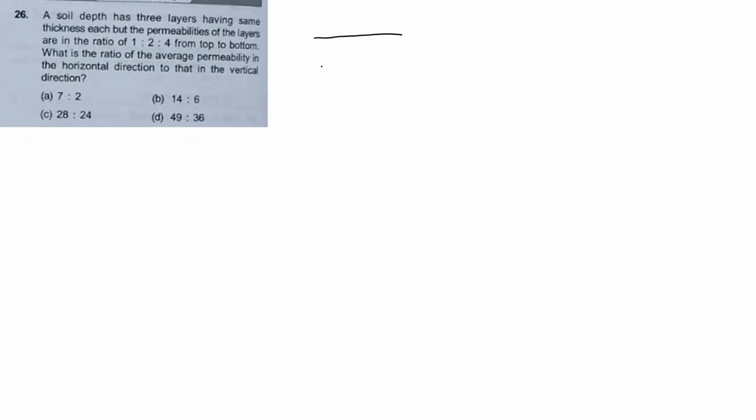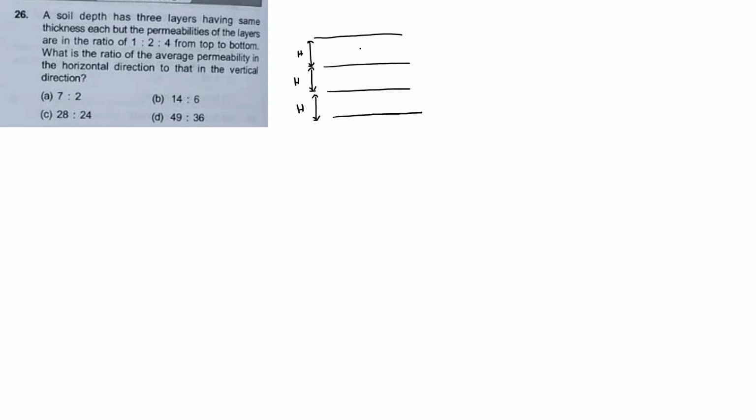So the soil is in three layers, and each layer has the same thickness. Let the thickness of the layer be h. So the thickness of the second layer will also be h, and the thickness of the third layer will be h.